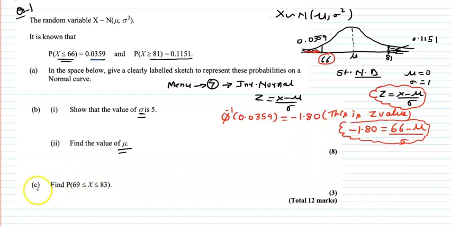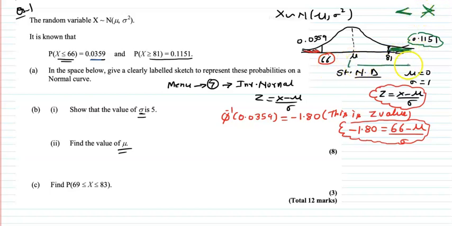Now for the second equation, we are going towards the top end, where I'm shading with green color. Here the area is given as 0.1151. Remember, our calculator takes the values towards the left, meaning only less-than values we can take. We cannot take greater-than values.